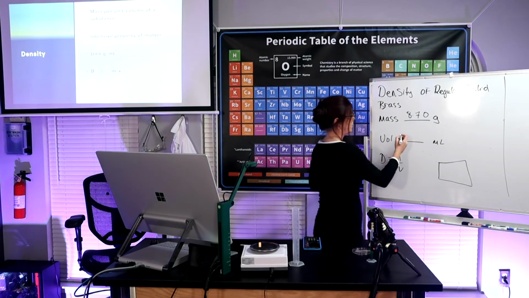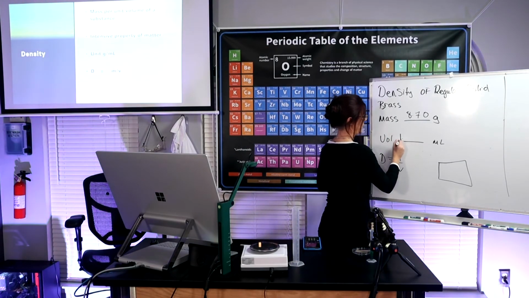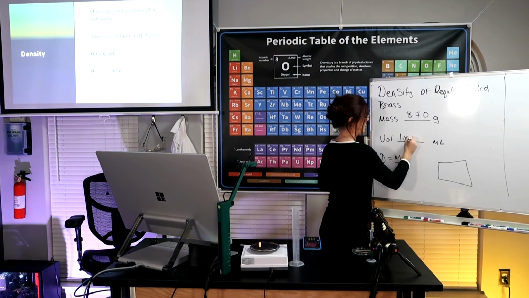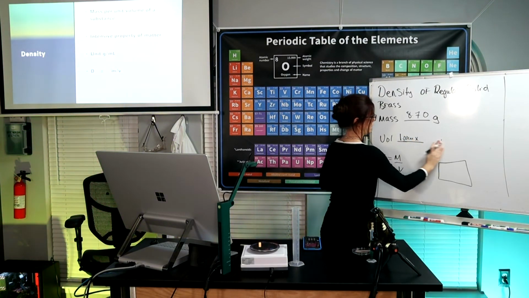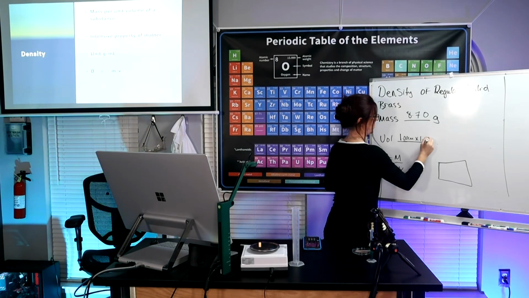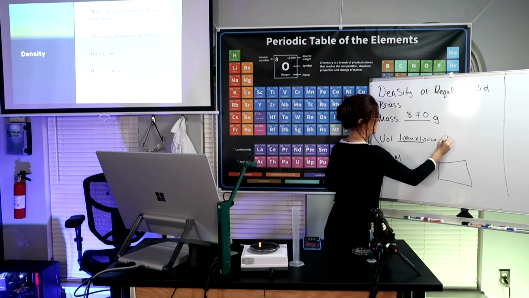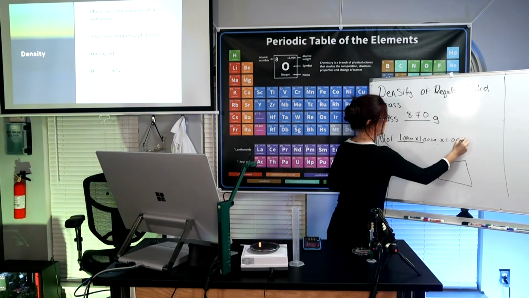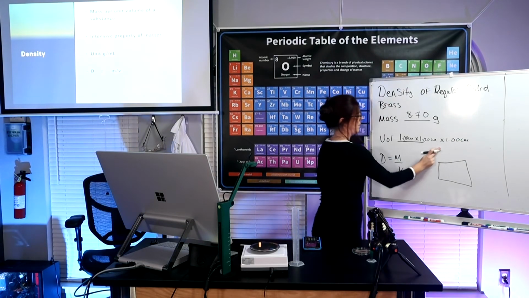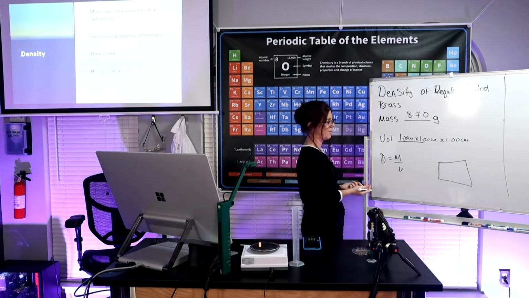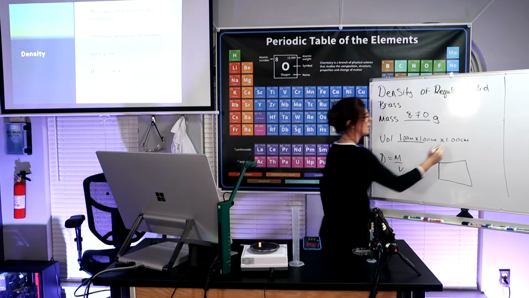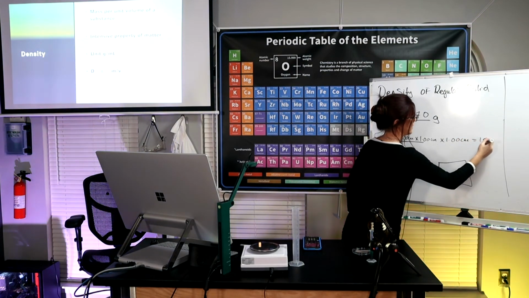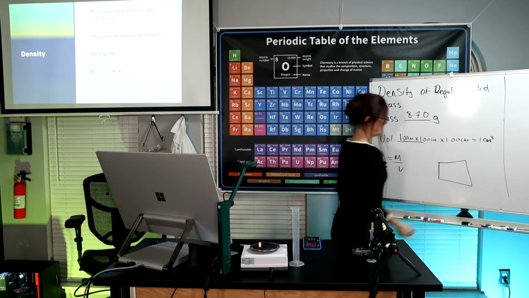The volume is 1.00 centimeters times 1.00 centimeters times 1.00 centimeters. When I multiply those three together, I end up with 1, so that's equal to 1 centimeter cubed.